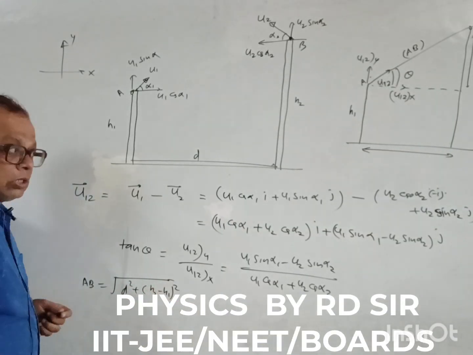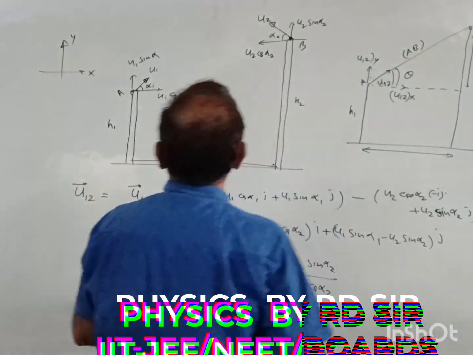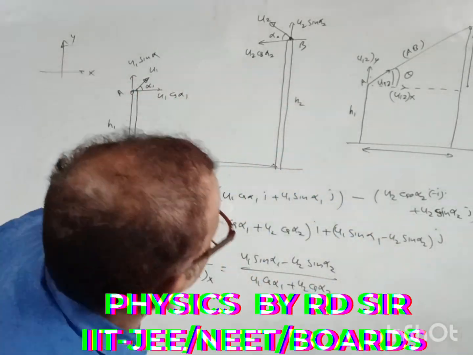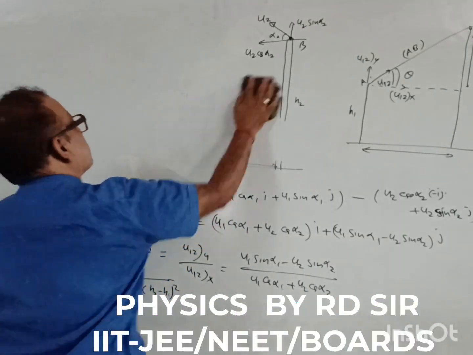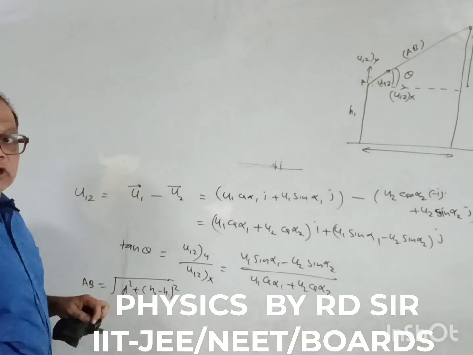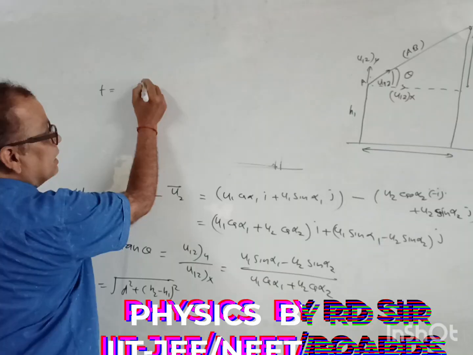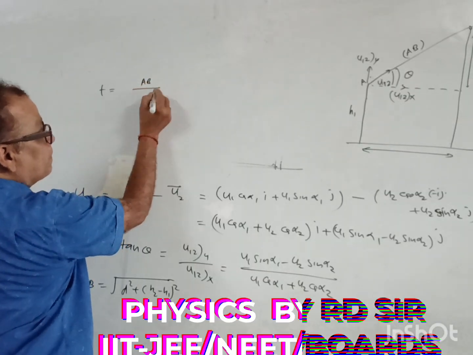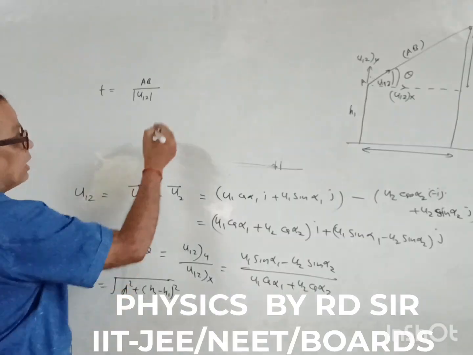So we can find the time of collision between the particles. The time of collision will be the relative distance divided by the magnitude of the relative velocity. So the time of collision is the relative distance AB divided by the magnitude of u12. What is AB?